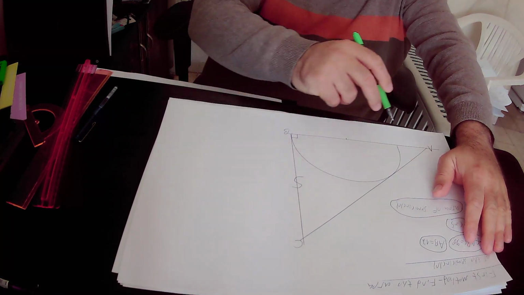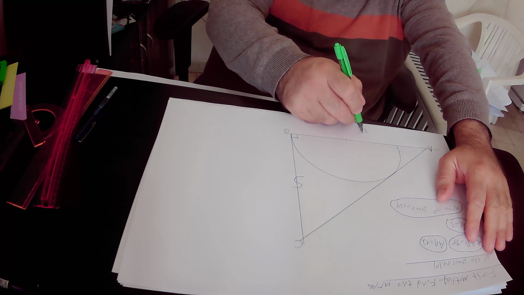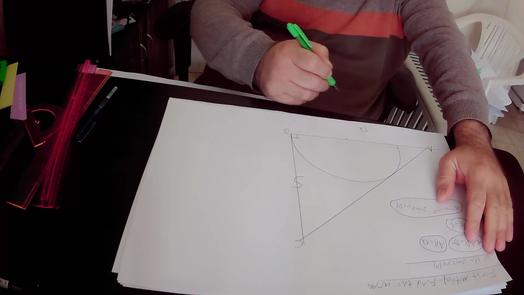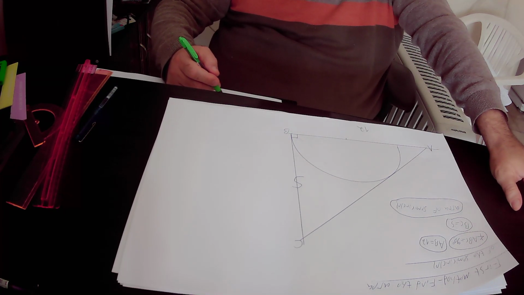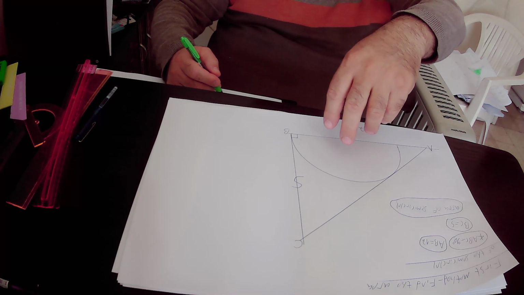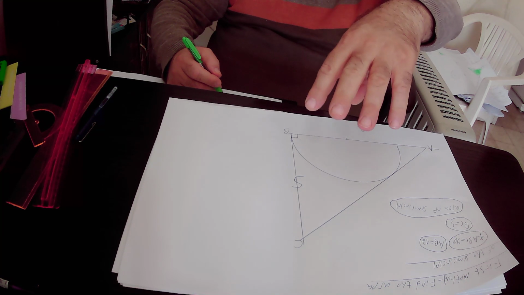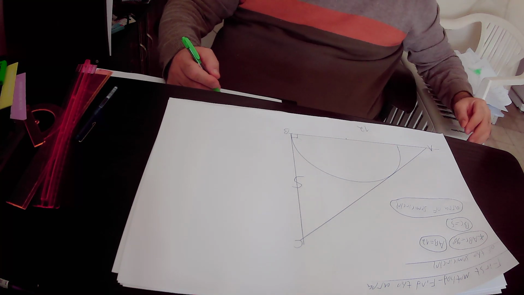Side AB of the right triangle ABC equals 12 units in length. And we want to find out the area of this semicircle that is inscribed by triangle ABC.